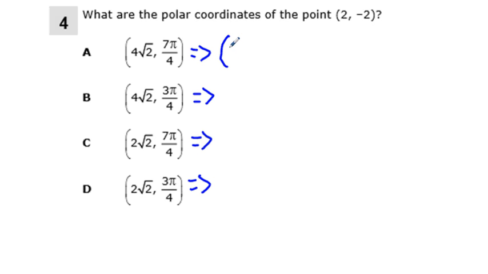So this one here, 4 square root of 2, comma 7 pi over 4, that's going to be converted to degrees by multiplying 7 pi over 4 by 180 over pi.